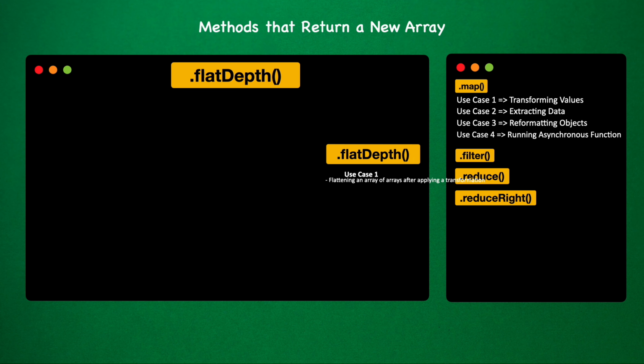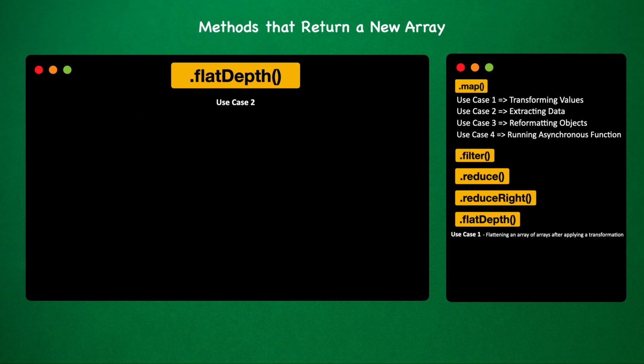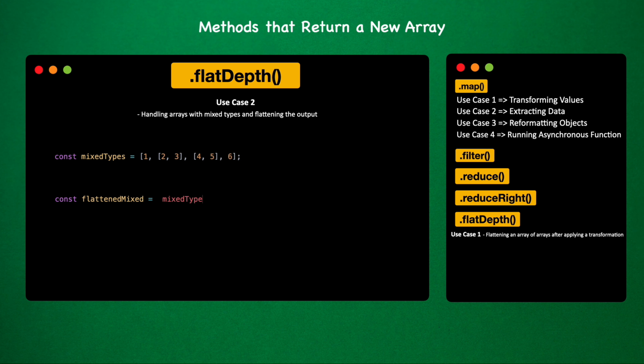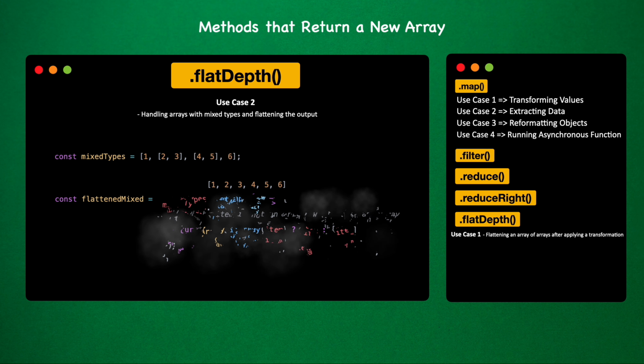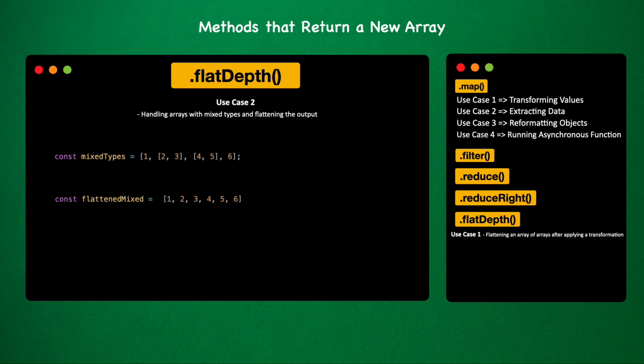In our second use case, the array contains both numbers and subarrays. We want to create a flat array without any nesting. The flatMap ensures that each element, whether it's an array or not, becomes part of a single flat array. The result is 1, 2, 3, 4, 5, 6, a single-level array composed of all the individual values from the mixed structure.